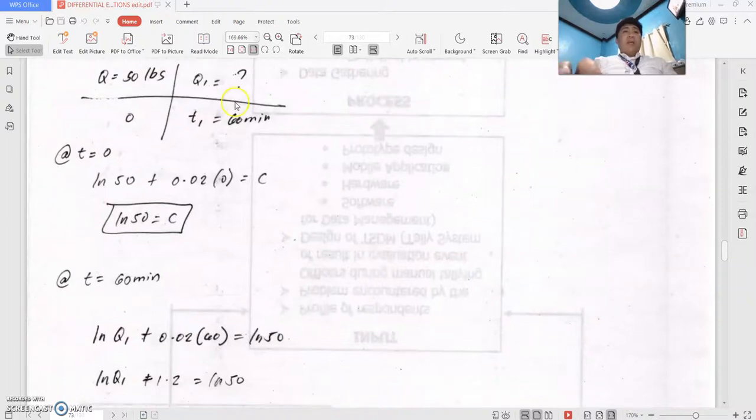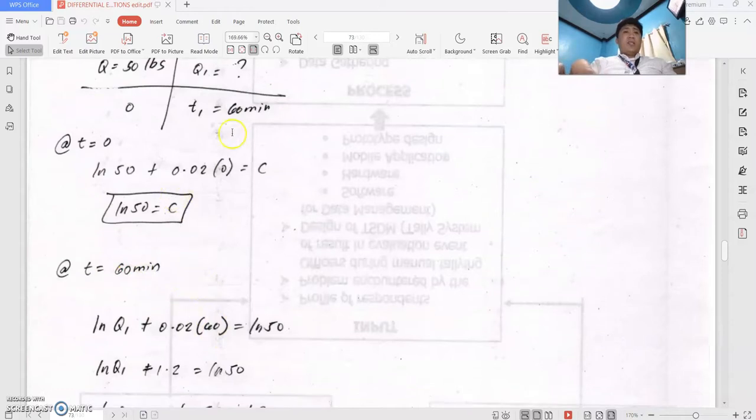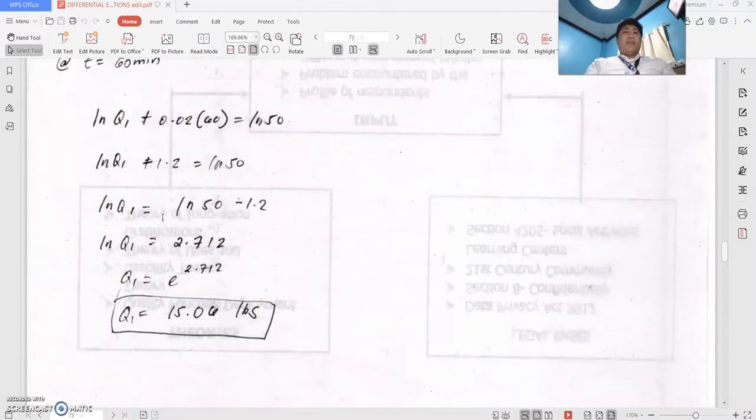So now our time is at 60 minutes. So you have ln Q, from the general solution, plus 0.02t, our t here is 60, equals our C, which we've solved already, which is ln 50. From there, just use your algebra, or you can use your calculator already.